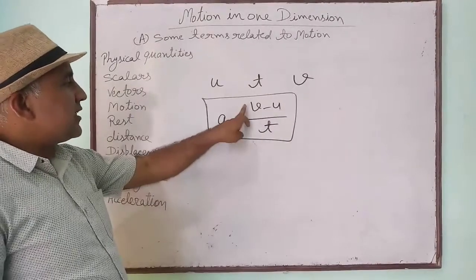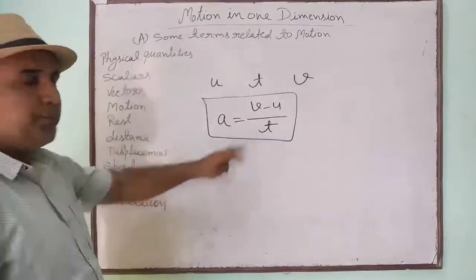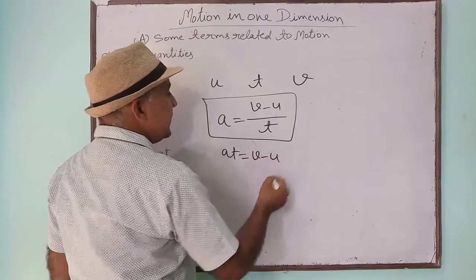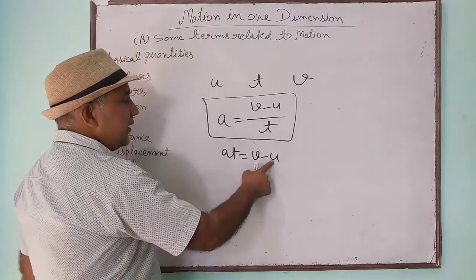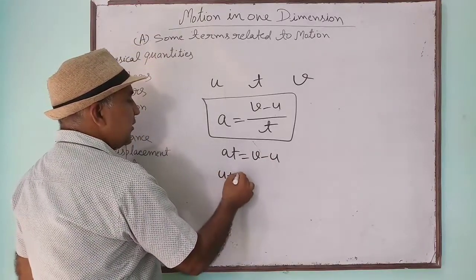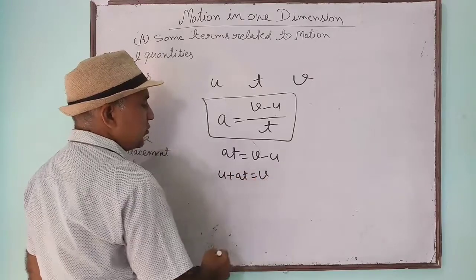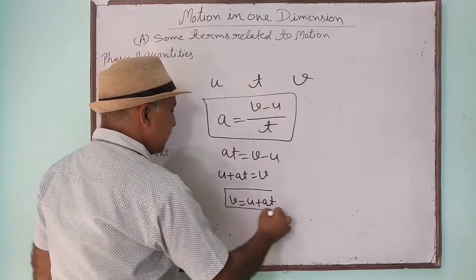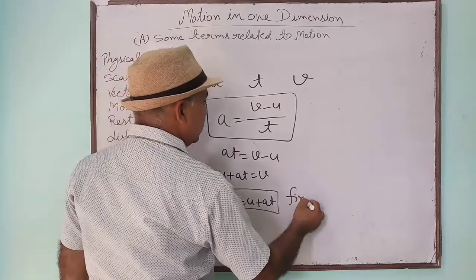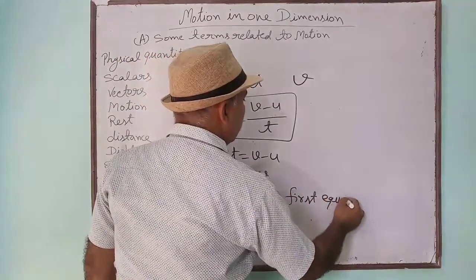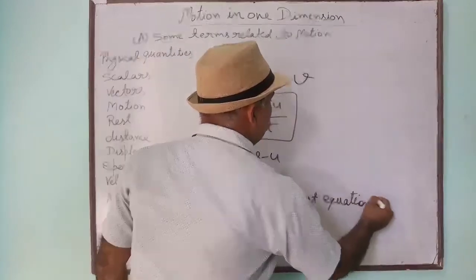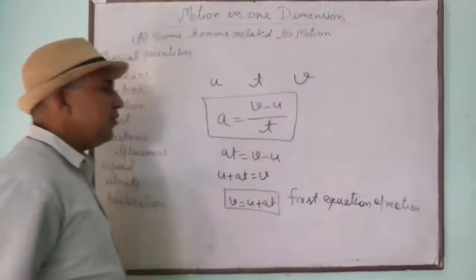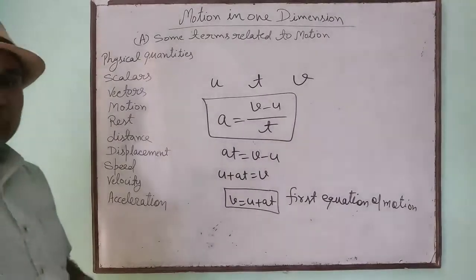Acceleration is equal to change in velocity upon time. By cross multiplication, you can see that at is equal to v minus u. If u is transferred this side, u plus at is equal to v. This is called the first equation of motion. What is it called? First equation of motion.